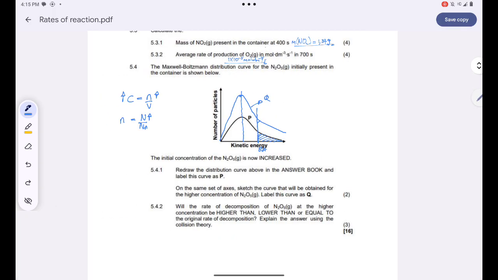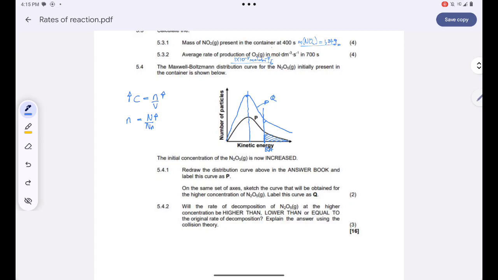Okay, so the curve would just be like this. They didn't ask us to indicate activation energy as well as the average kinetic energy. So you just need to draw this, and then you'll be okay.